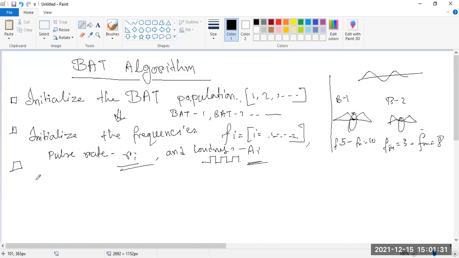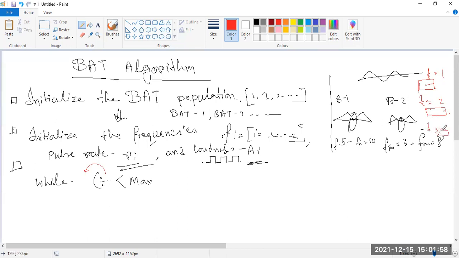Then the next step is while t is less than T. This t is for iteration, meaning how many times you have iterated: first t1, second t2, you have to calculate, then update all the parameters again, then t3.